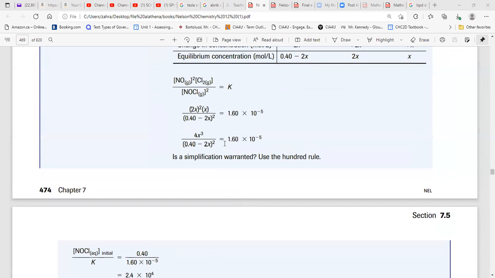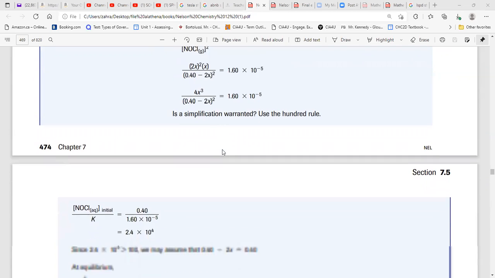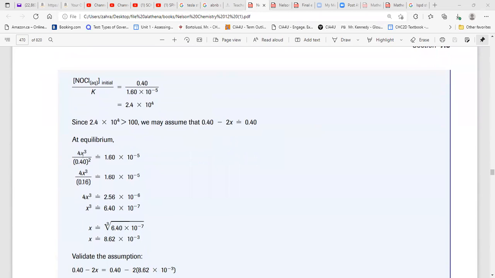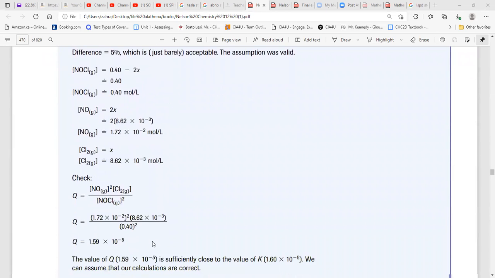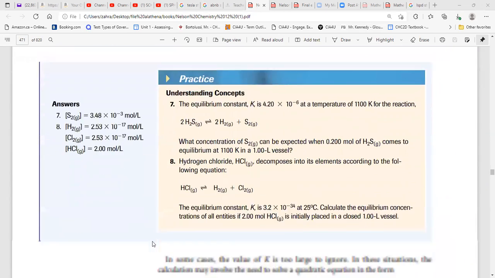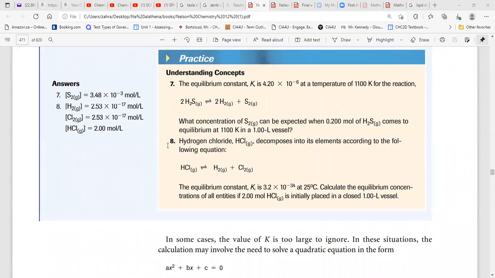Again, when we establish this, we can use the 100 rule. 0.4 divided by 1.6 times 10 power negative 5 is greater than 100. So I can eliminate this 2x here. While I'm doing this, this is what we have. We rearrange it for x, and that would be the same. For practice, you can do question number 7 and 8.